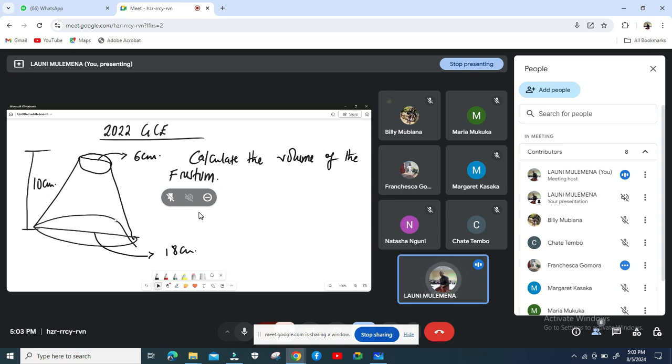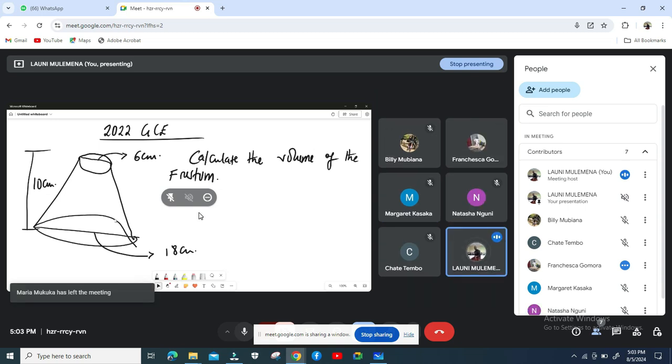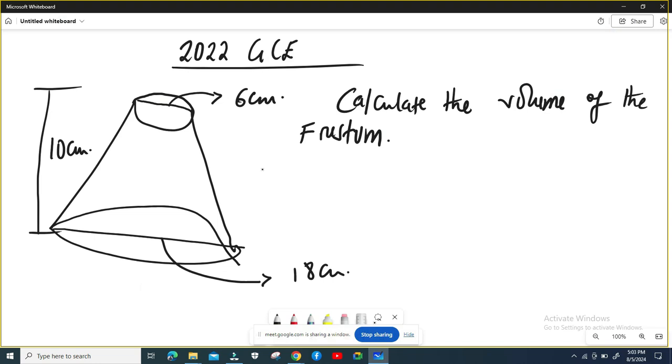So we just jump into the calculation. And I'm sure you have also copied the formulas because there are 3 formulas that we need to appreciate as far as a Frustum is concerned. It is not always that they'll give you the Frustum of a cone. Sometimes they can give you a Frustum of a square pyramid, sometimes even a rectangular pyramid.